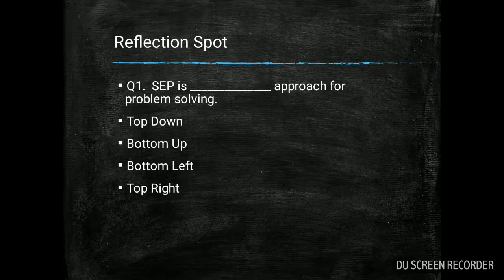Whether it is top down, bottom up, bottom left, or top right, we have just discussed that it is a top down approach. So please write it down in your course journal, and we'll meet again in the next lecture for the remaining portion of this lecture. Thank you.